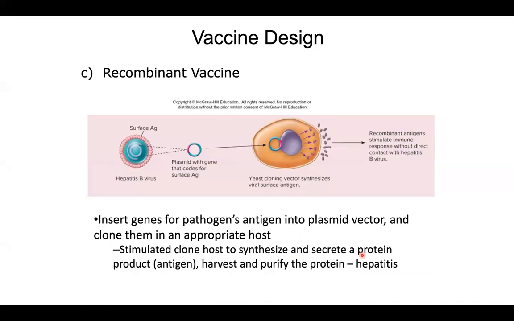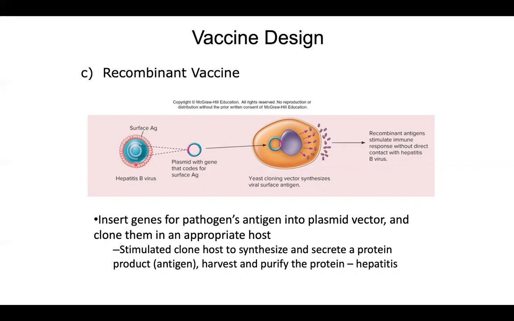Then there's recombinant vaccines. So remember, anything that is recombinant means it's genetically engineered. And so here we have a virus, and they've put a part of that virus into a plasmid, and then they put that into a yeast cell, and then the yeast cell makes that protein that is then purified and used for the vaccine.